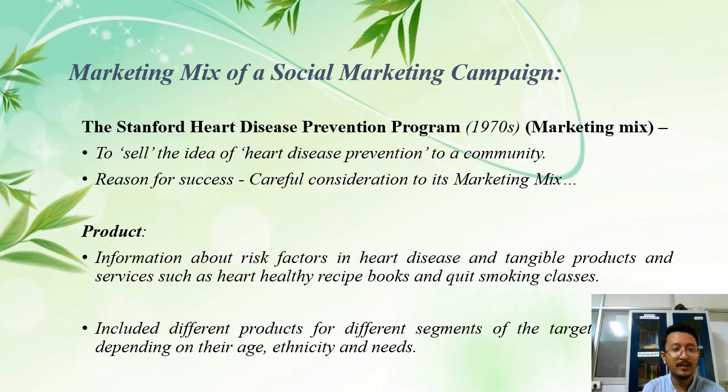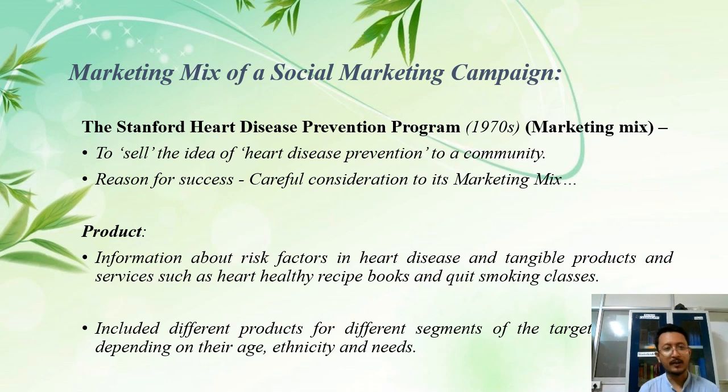This example is regarding a social campaign known as the Stanford Heart Disease Prevention Program, which was conducted in the 1970s, right? So this program actually became quite successful, right? Because of its careful consideration of its marketing mix and various other marketing aspects, right? So let us see what the elements of this marketing mix are for this particular campaign.